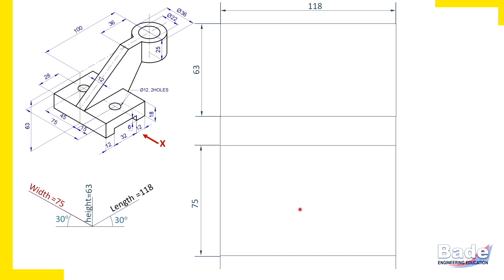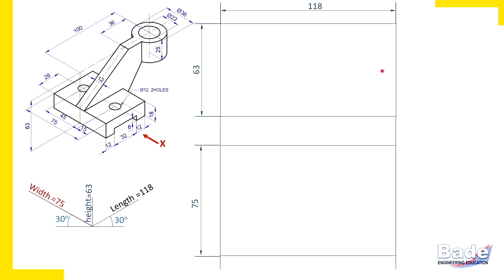Now one very important thing. Check here, left side and right side of this object are not similar. Top and bottom are not similar, but front side and back side are similar. So at a glance you will identify that the object is a symmetrical object, but the axis of symmetry appears in the top view because front and back are similar. Here in the front view this is the right side, here it is the left side, top side and bottom side. Top and bottom are not similar, so there must not be any axis of symmetry in the front view horizontally.